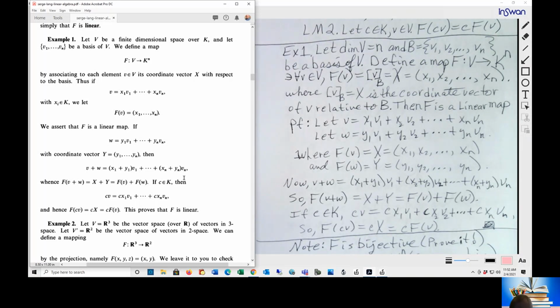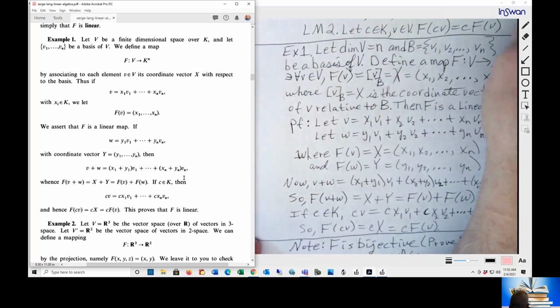F of v plus f of w. And similarly, if c is a scalar, where cv is just cx1 v1 all the way out to cxn vn, then f of cv equals c times x equals c times f of v. And so we have shown then that this mapping is indeed a linear mapping.